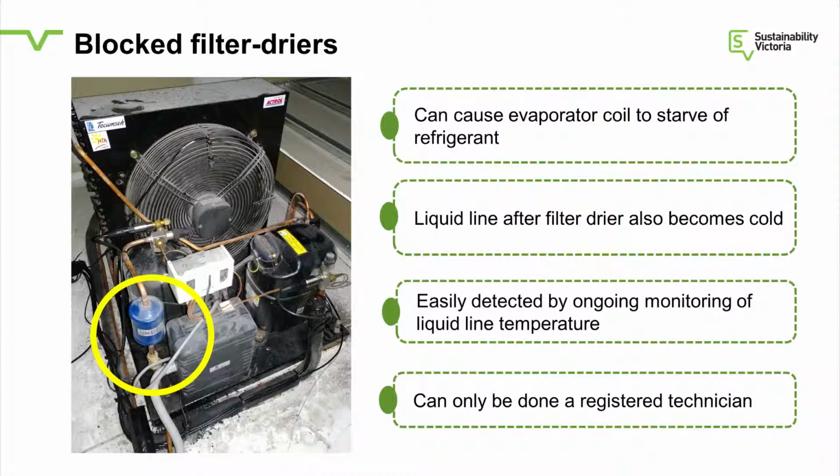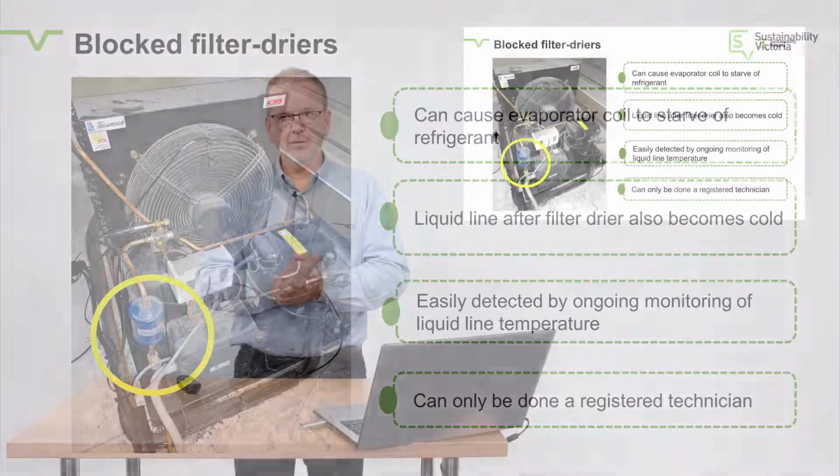Now, that is more common than we thought. There were quite a few sites out there with blocked filter dryers. That acts like an expansion valve. So what happens if a filter dryer is blocked, it actually becomes cold at the one end. So it's something that I tell my clients, put your hand on either side of the filter dryer, and if you can feel the one side is warmer than the other, you have a blocked filter dryer.